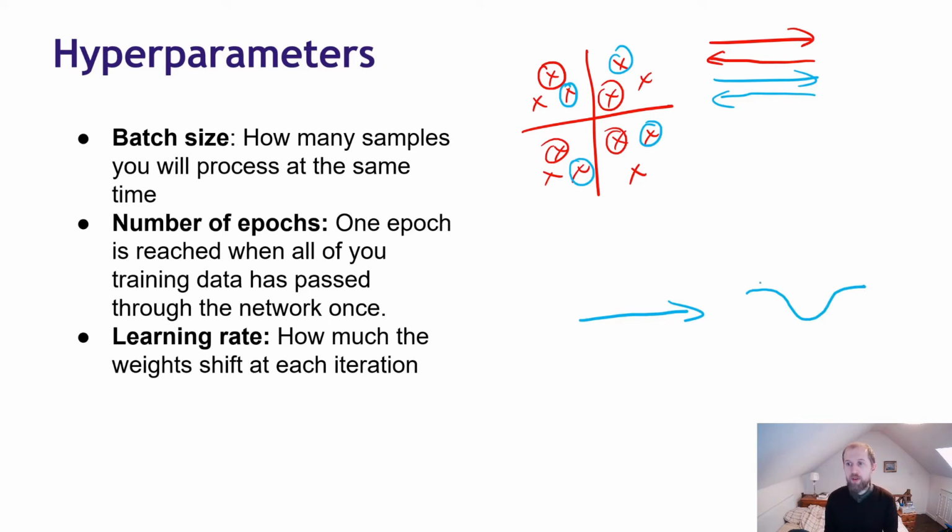The problem is if you start off here, then your gradient is going to push you across over there. And then the next time you're going to see, oh, actually the minimum point is in this direction. So you're now here, and it's going to push you all the way over there. And this keeps going on and on. You keep missing this optimal point. And that's a big problem that we often have.